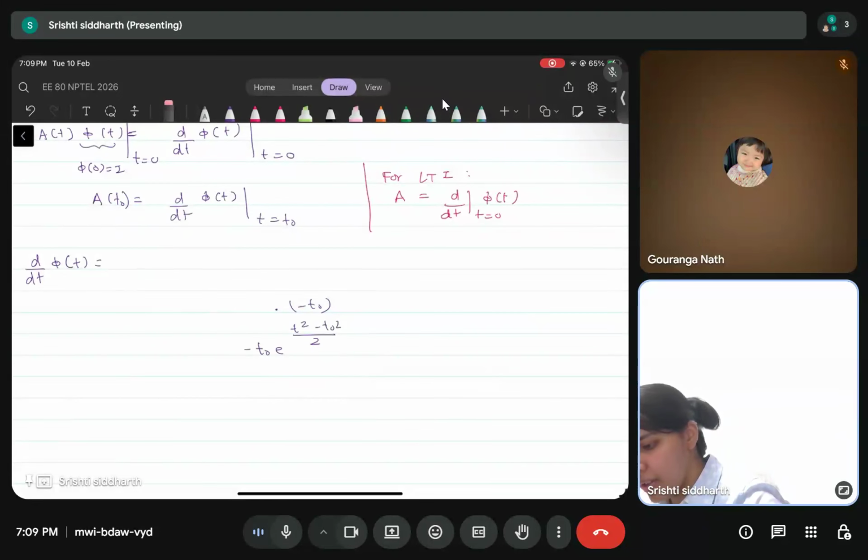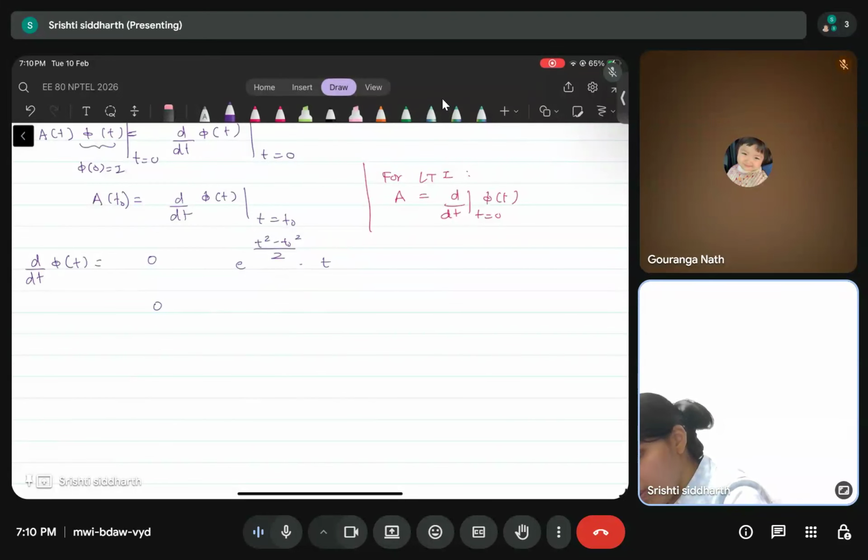To differentiate with respect to t. So this is 0, exponential t square minus t naught square by 2, times t and 0, and in the same quantity.